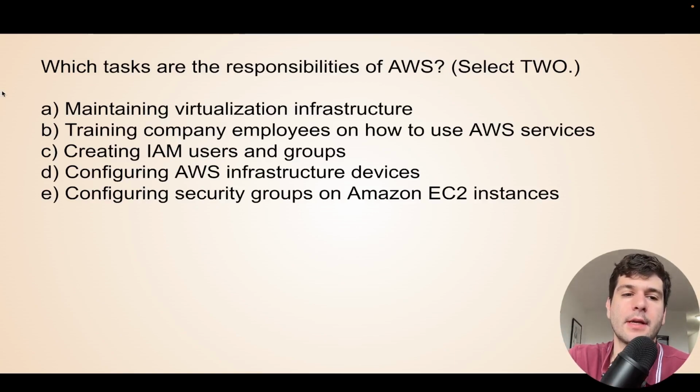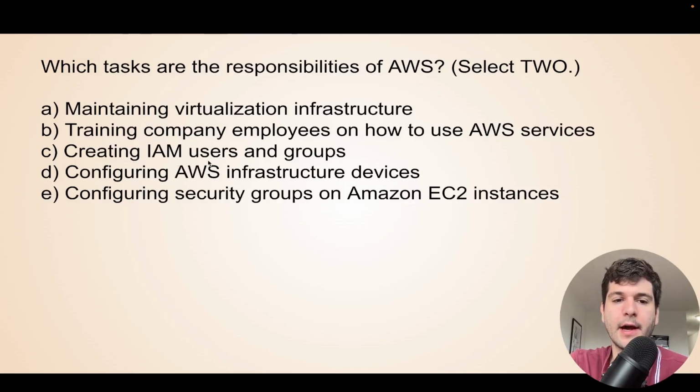Let's look at these and see which we think AWS would be responsible for. So A, maintaining virtualization infrastructure. Maintaining infrastructure would not really be our responsibility. That's AWS. Training company employees on how to use AWS services, that's not necessarily AWS's responsibility.